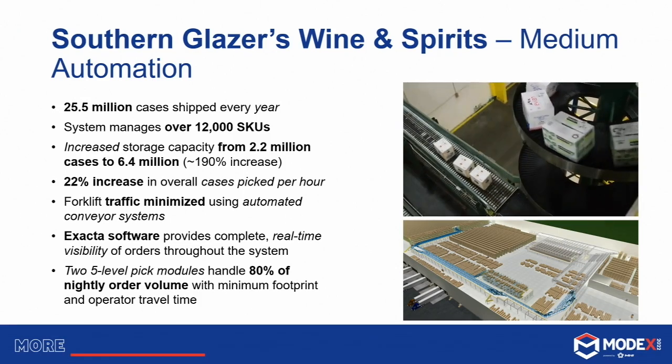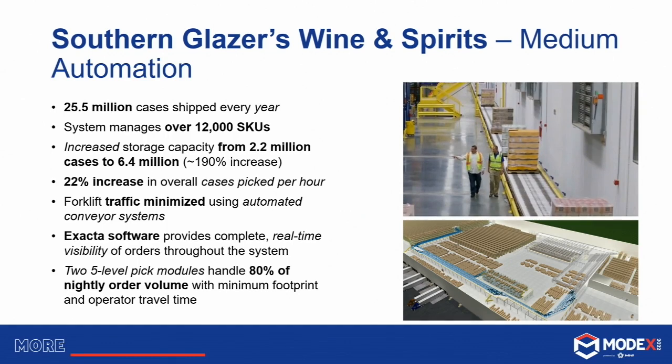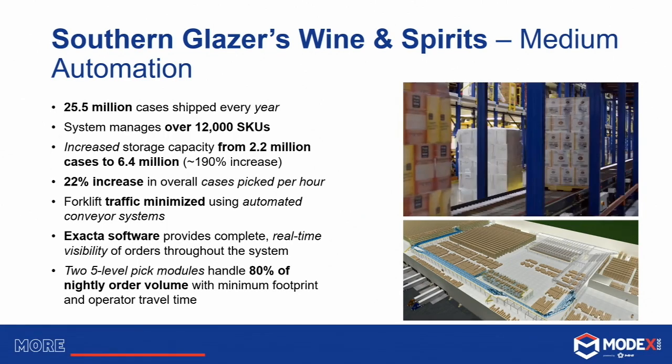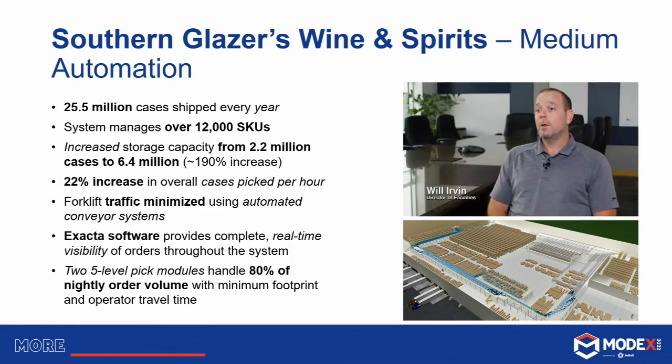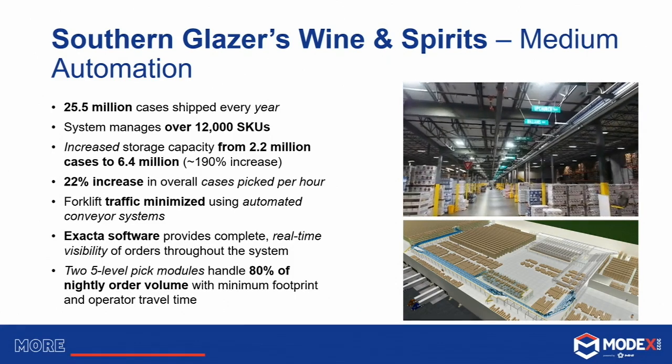And what they can really do is utilize software to help them pick in correct waves, because what they're actually doing is picking to their routes. And then as we pick the product out of the pick modules, we're conveying it, sorting it to the individual route trucks in a reverse stop sequence, right?